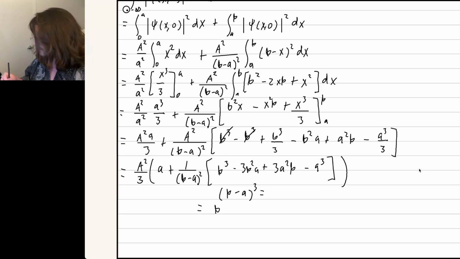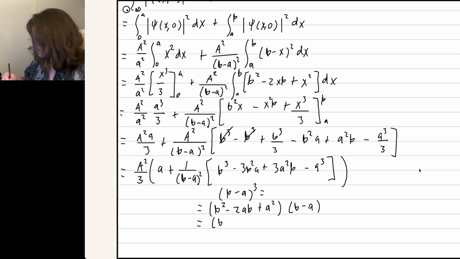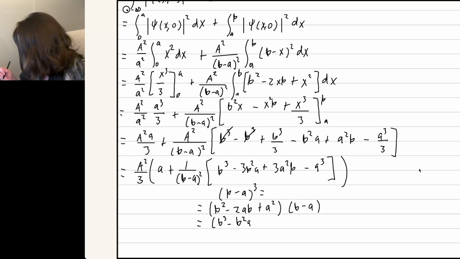That's b squared minus 2ab plus a squared, times b minus a, which is b cubed minus b squared a, minus 2ab squared plus 2a squared b, plus a squared b minus a cubed.